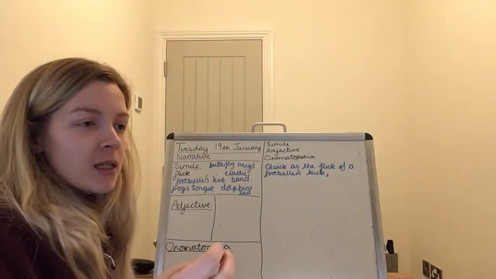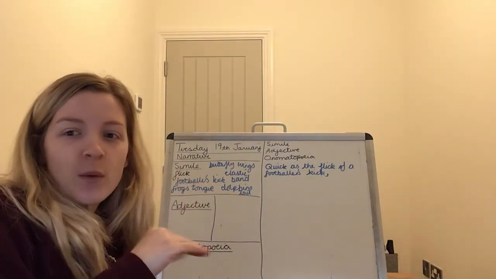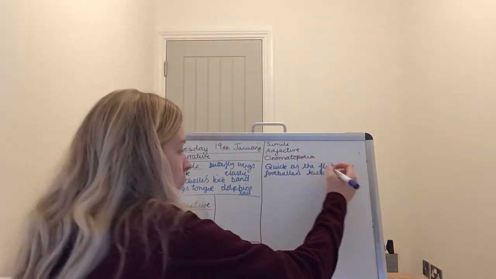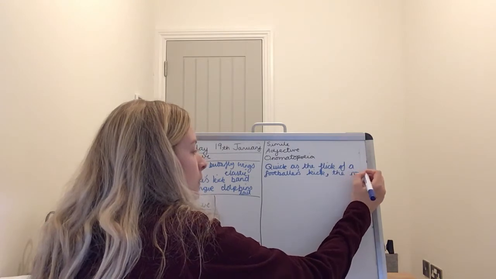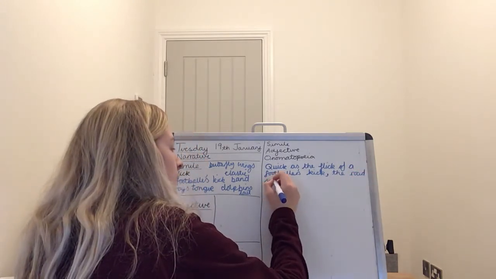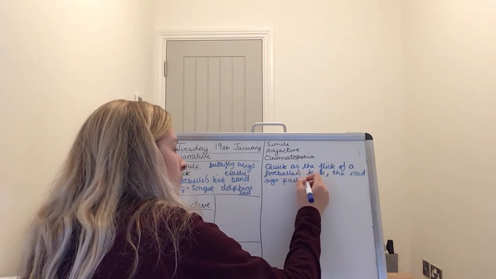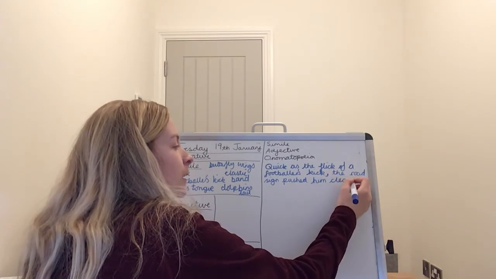Remember, our opening sentence here is, we're talking about the road sign. The road sign kind of pushed him out the way, or nudged him towards safety. The road sign pushed him clear. Okay.